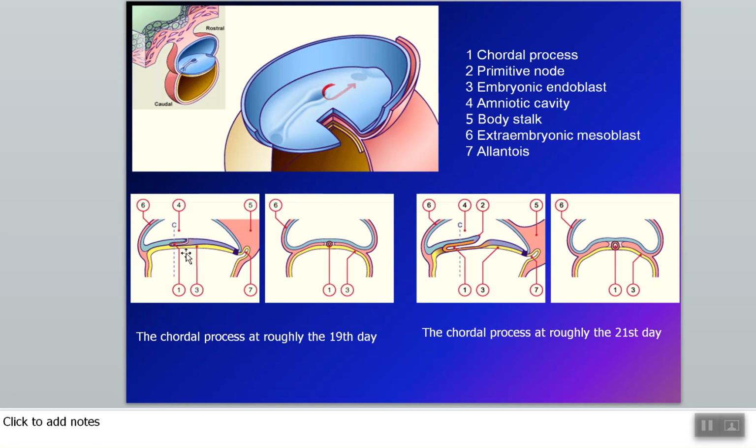Here, in the mid-sagittal section, the transverse section, again mid-sagittal section, you can see the notochordal formation. As I told you, cells migrate through the primitive pit and go straight toward the oropharyngeal membrane, and these cells make the notochord.